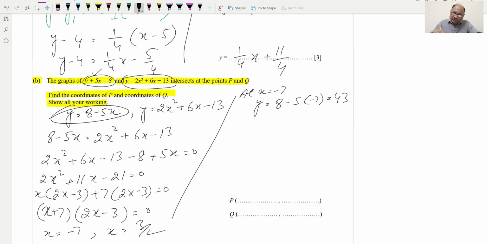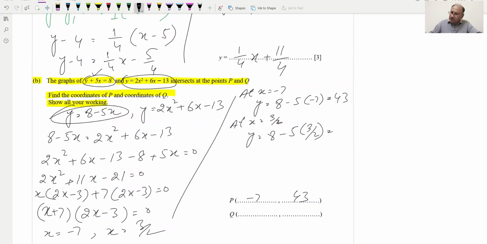Now for the Q point, we have x is equal to 3 by 2. We can write y is equal to 8 minus 5 into 3 by 2, and we can calculate.